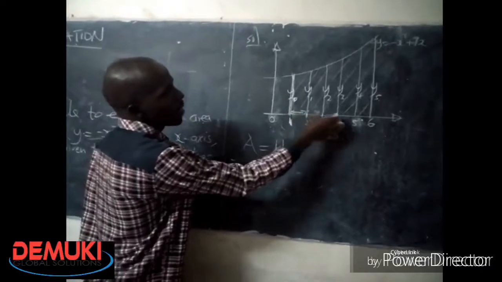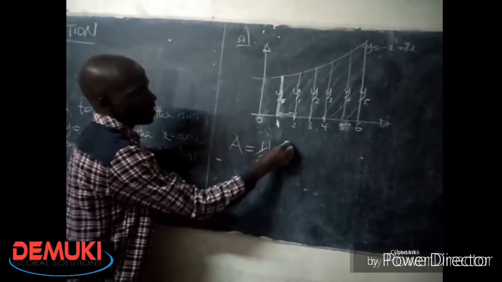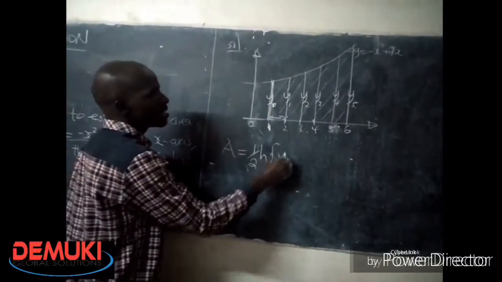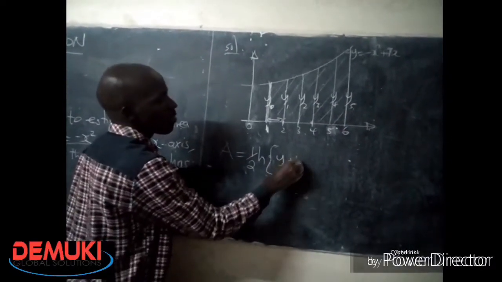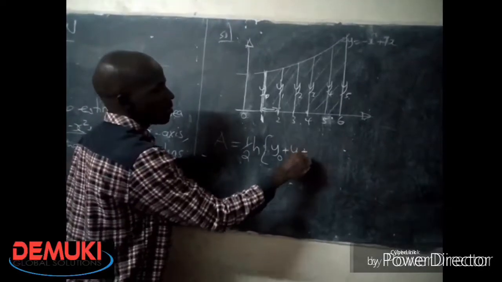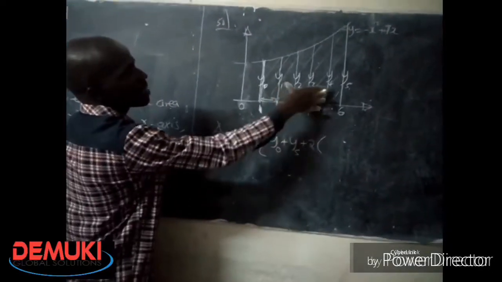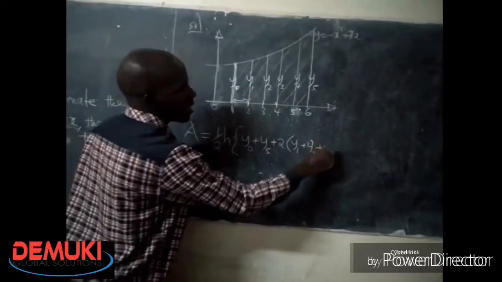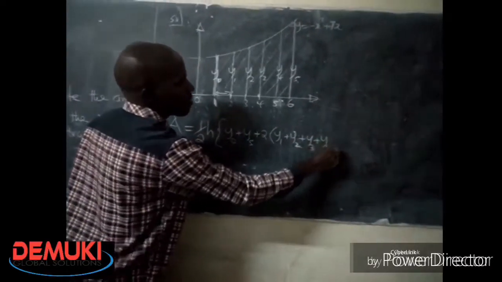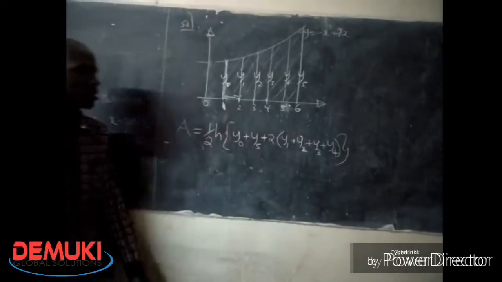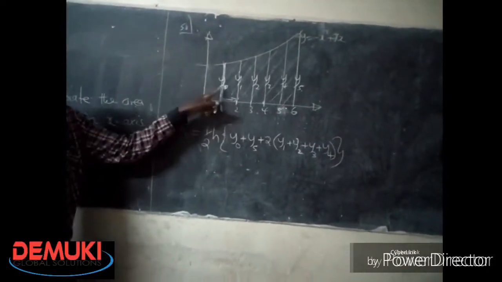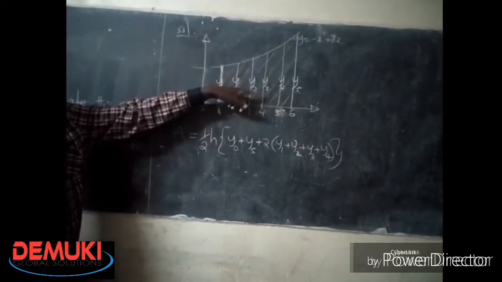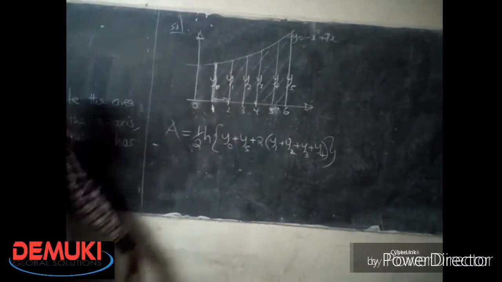So h is simply 1, into the first plus the last, which is y0 plus y5, plus 2 times these other ones, y1, y2, y3 plus y4. So if I can calculate these y's, I can simply get the area easily.